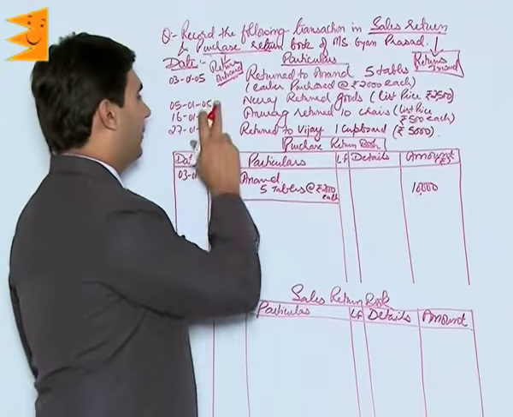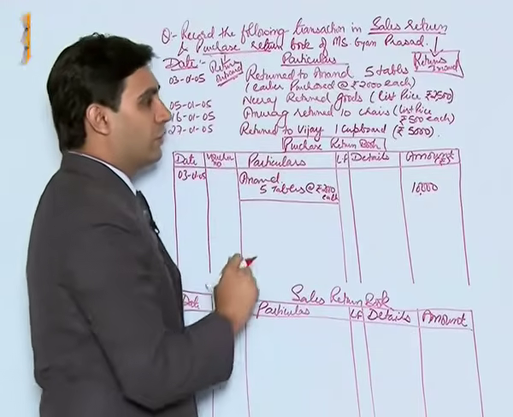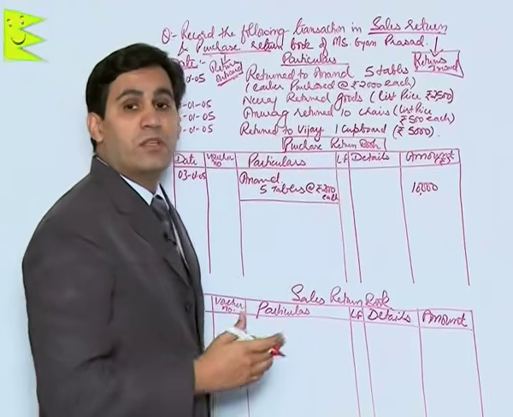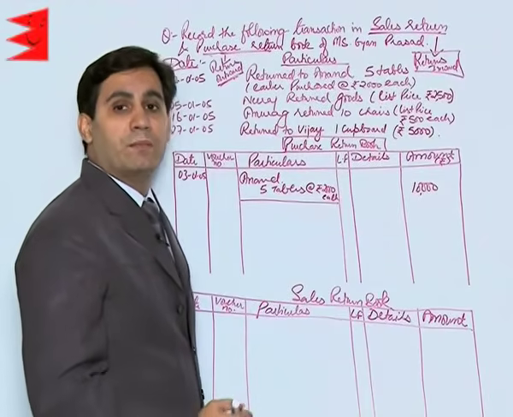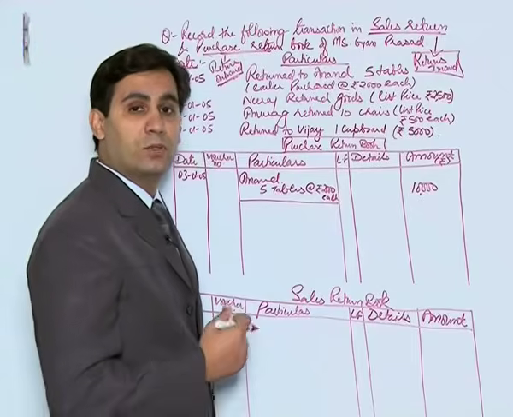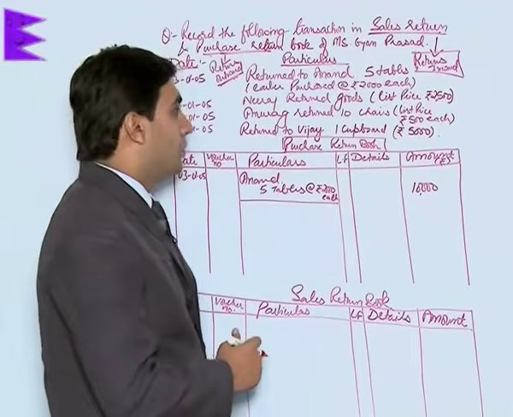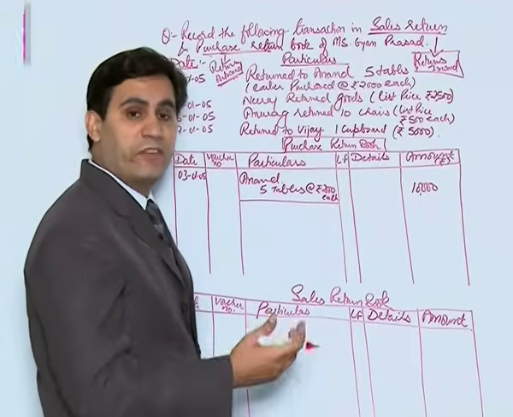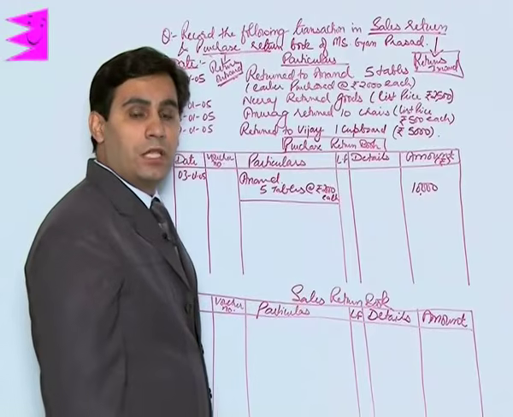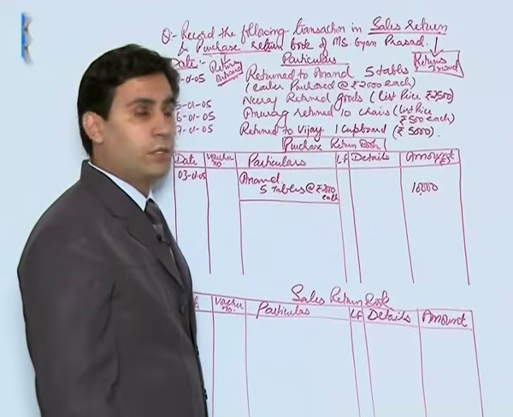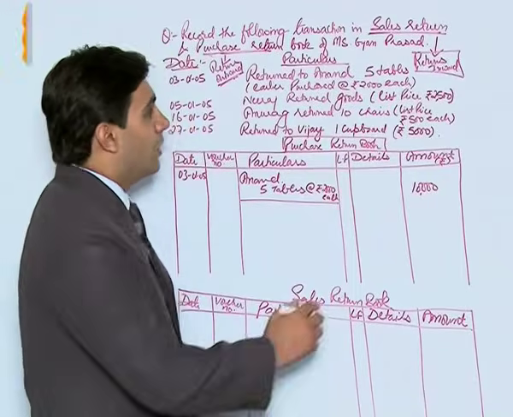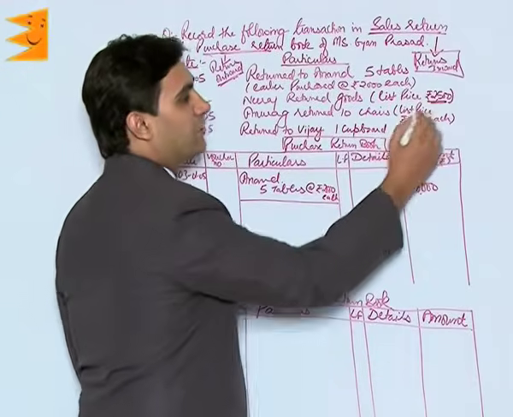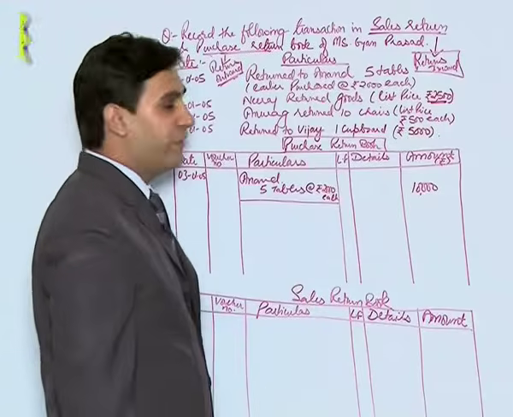Coming to the second one, Neeraj returned goods. Now Neeraj returned goods. That means Neeraj is sending us back the goods that we had sold him earlier. So that means earlier we had effected a sales to Neeraj. Now Neeraj is returning that particular amount of goods to us because of any reason. Now the total list price of the goods that he is returning is 2500.